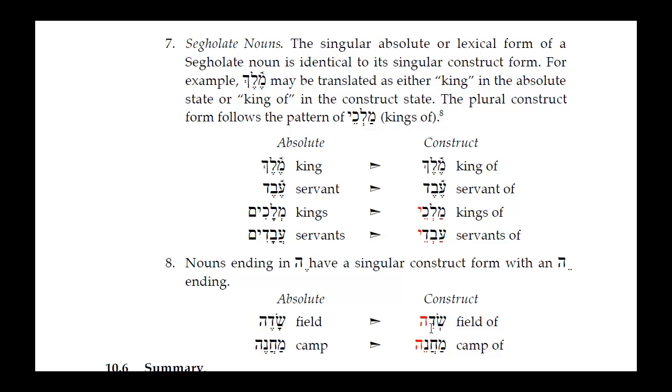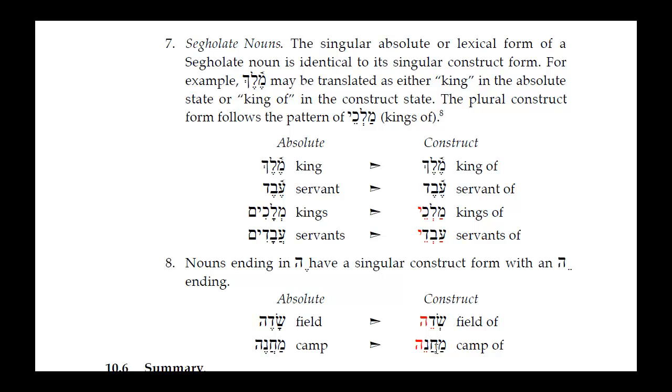Again, the tsere hey will be an indicator that it is a noun in the construct. Also, you have machaneh for camp, with the segol lengthening to a tsere: machaneh.